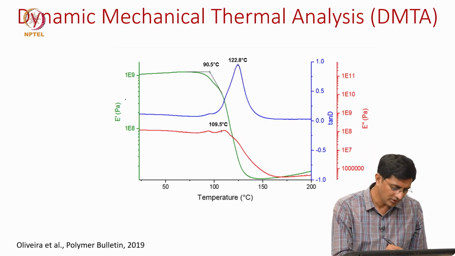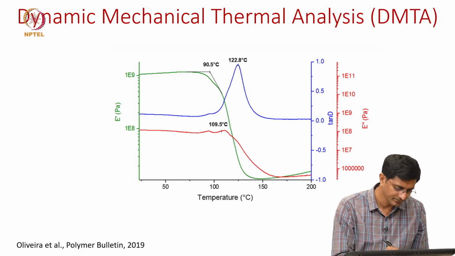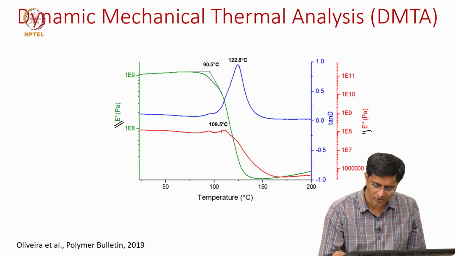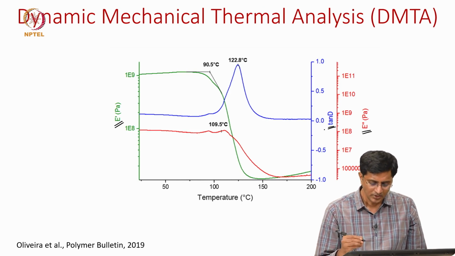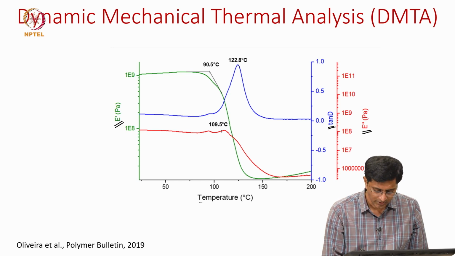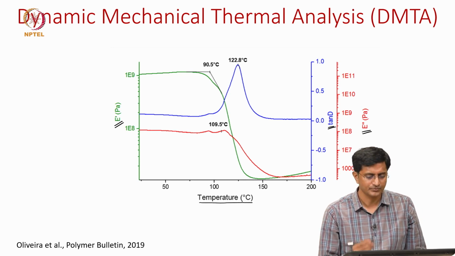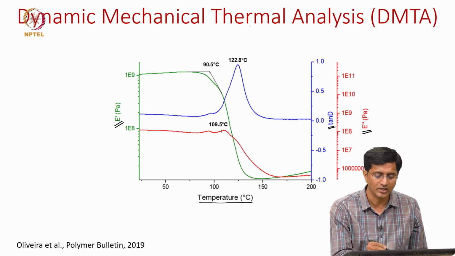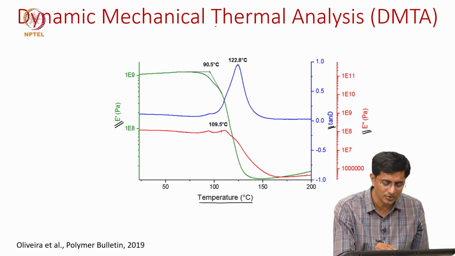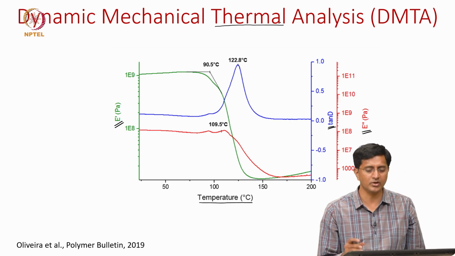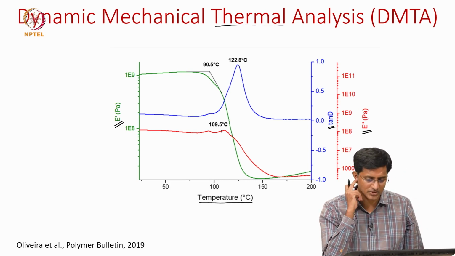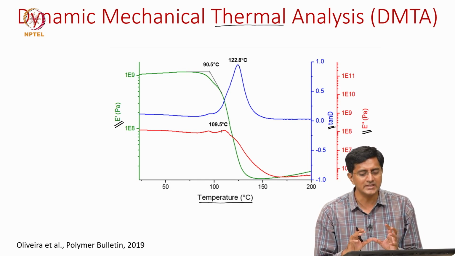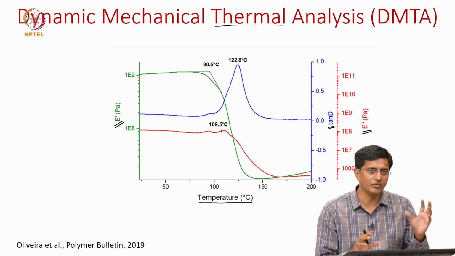Here we see the modulus variations: the storage modulus, loss modulus and tan delta, and how they vary with temperature. This kind of analysis is called dynamic mechanical thermal analysis. We introduced the term thermal because now we are bringing in the temperature contribution as well. Let us see how this is similar to what we have seen earlier.